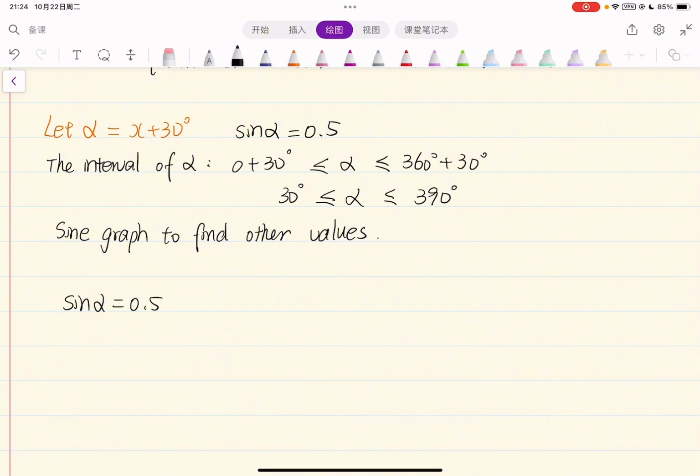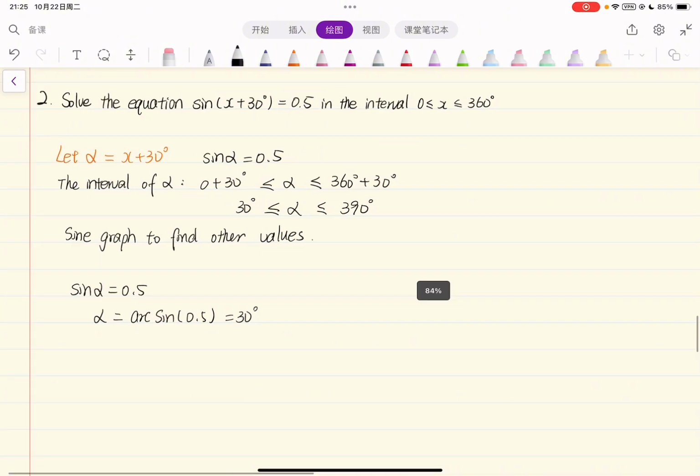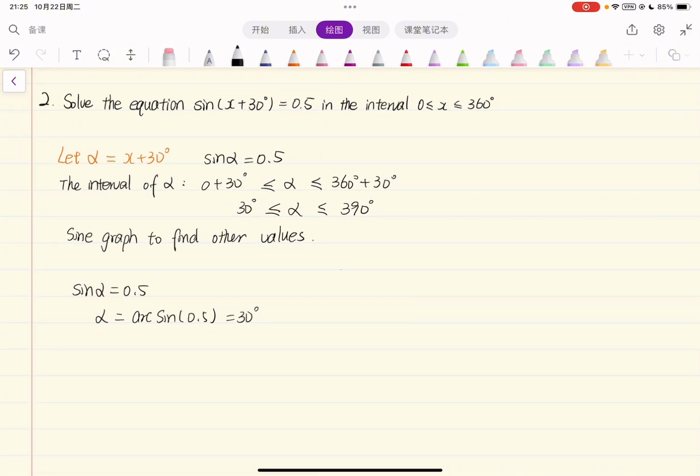So alpha equals arcsine 0.5, that equals 30 degrees. Now let us draw the sine graph, marking 90 degrees, 180 degrees, 270 degrees, 360 degrees, and 450 degrees. We draw that.